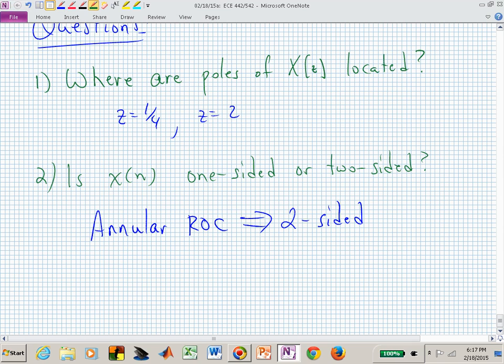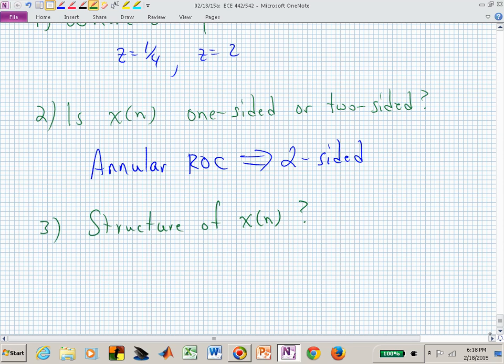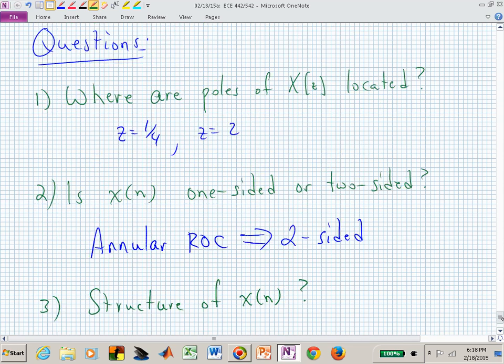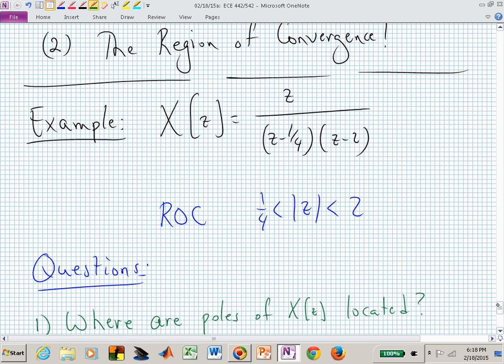What's the structure, as another question, of little x of n? And this is an exam 1 question, isn't it? I gave you that capital X of Z. Could you now tell me what is the time domain structure of little x of n?